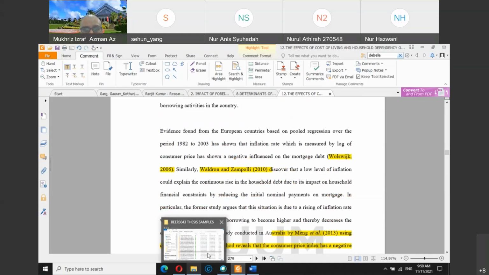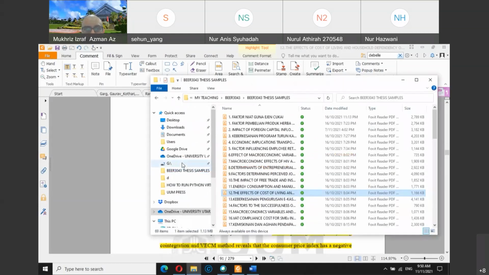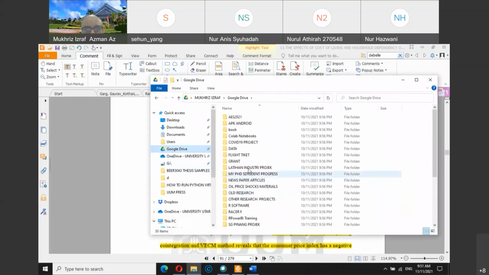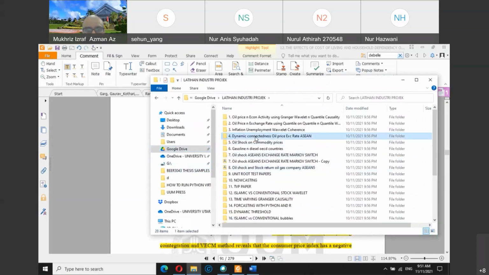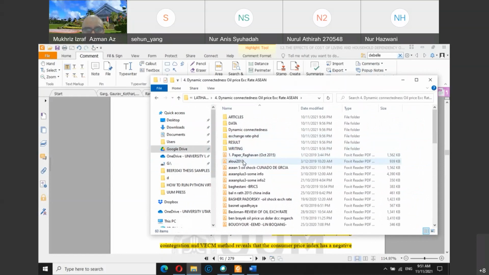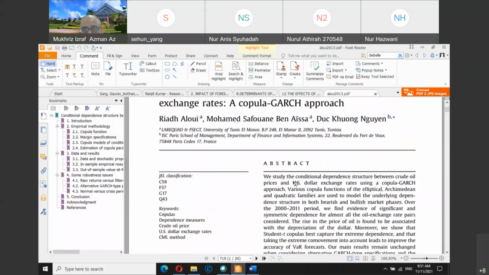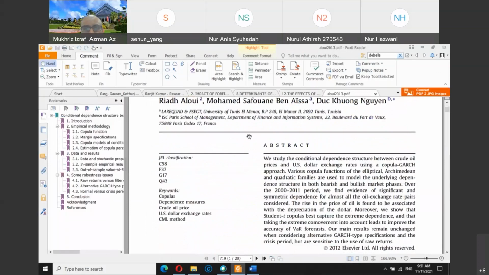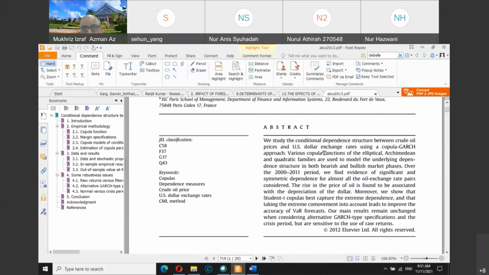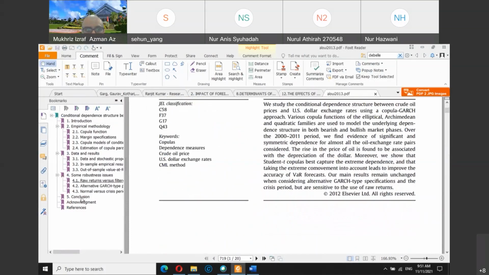And usually the way to go is you read the abstract first. Whenever you are referring to an article, a journal, usually the summary you can get from the abstract, and you can go straight to the conclusion.